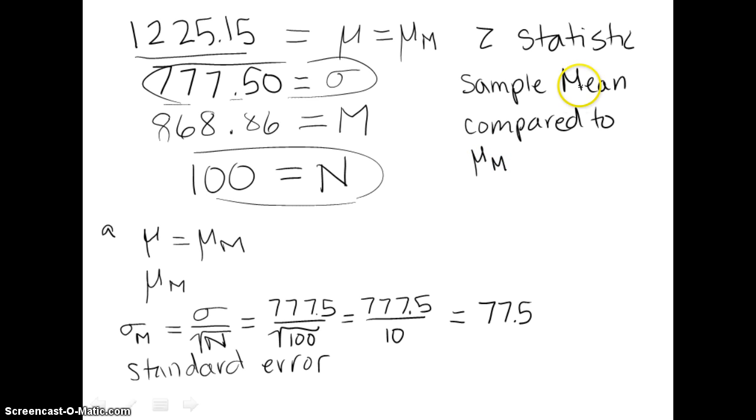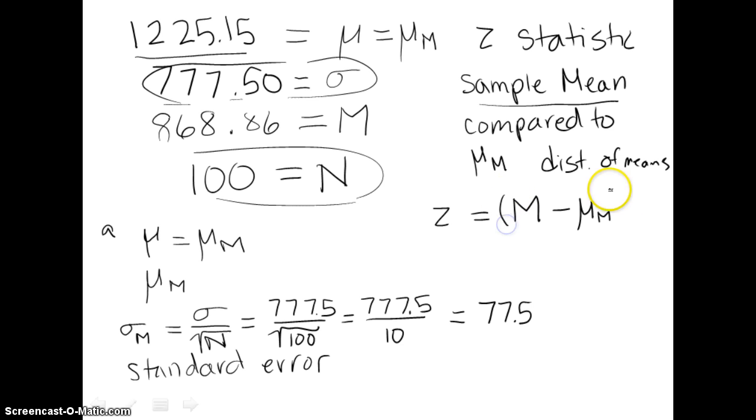Because we're using a sample mean, we're using the distribution of means, not the distribution of scores. So our z statistic uses the formula: the mean of the sample minus the mean of the population, divided by the standard error.